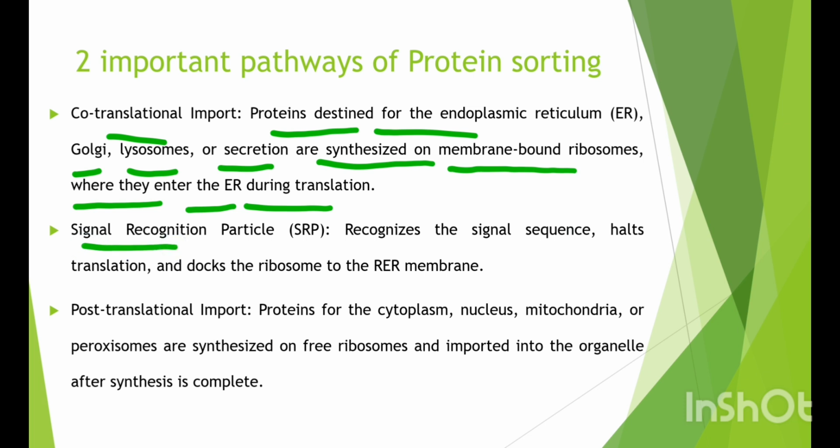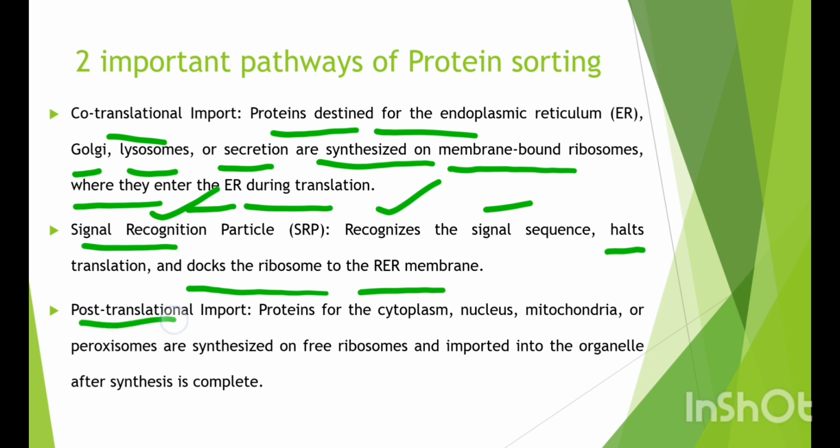The SRP, signal recognition particle, recognizes the signal sequence, halts translation and docks the ribosome to the rough endoplasmic membrane. Then the particular proteins get transferred to their destination, like the Golgi complex, lysosome or any secretory pathway.